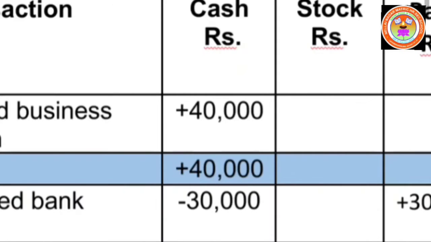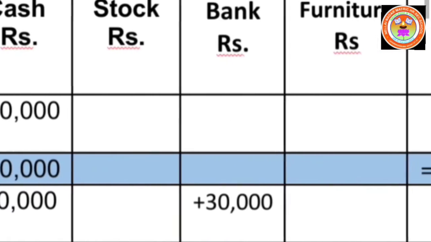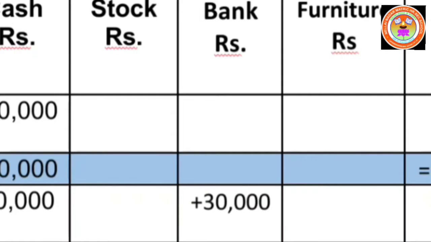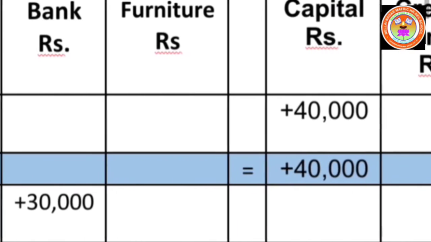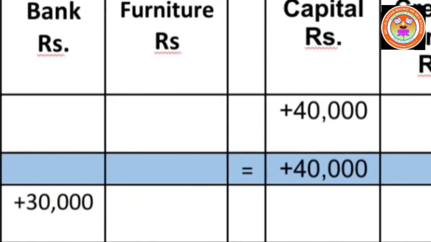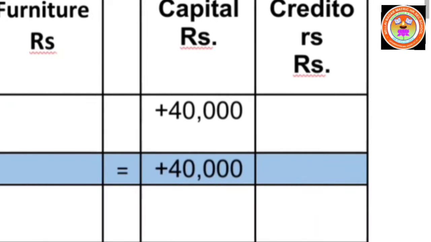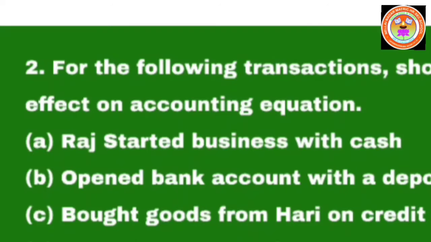Then no amount in the stock column, so leave that one. Then bank column, no, leave that one. Then also in the furniture column, skip that one. Then come to the capital column. Here you have plus 40,000, the same 40,000 should be brought down. Then leave the creditors column. There are no figures available.